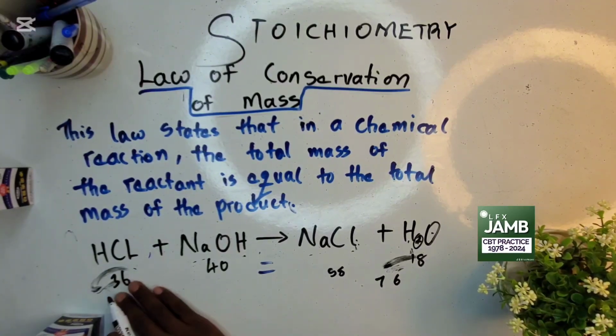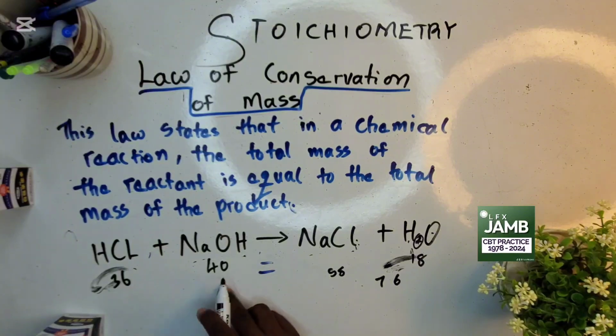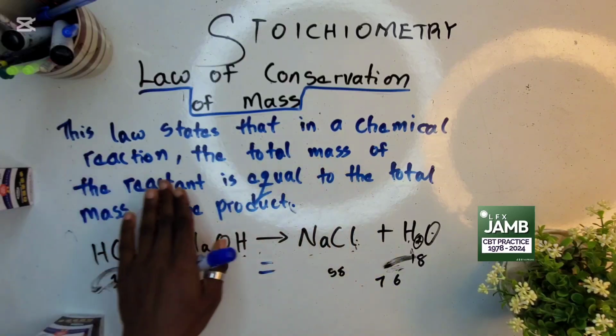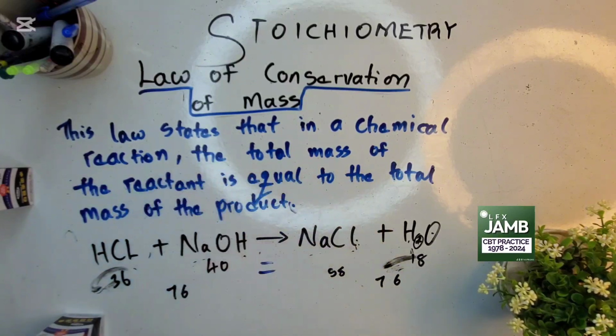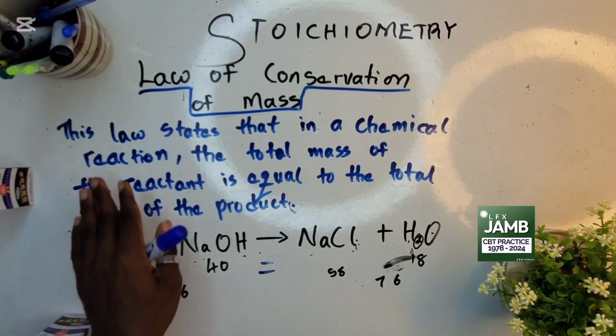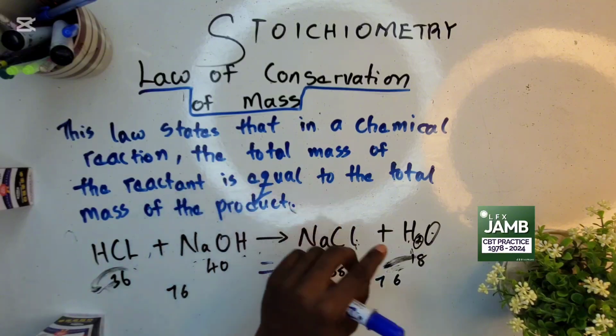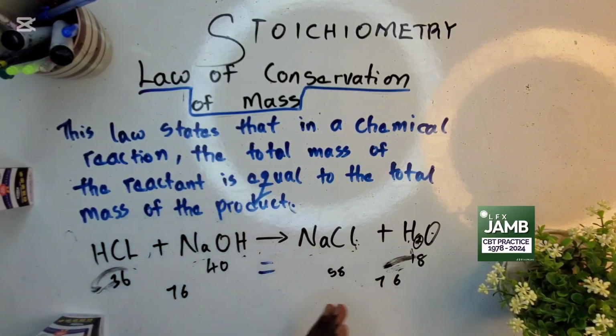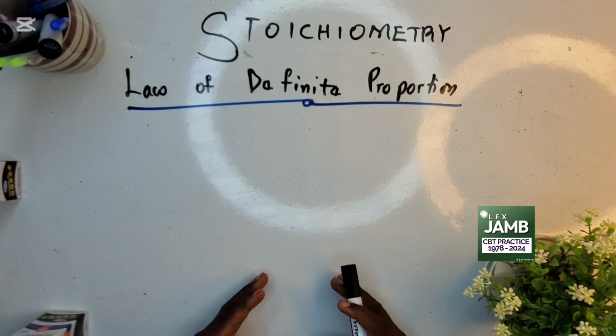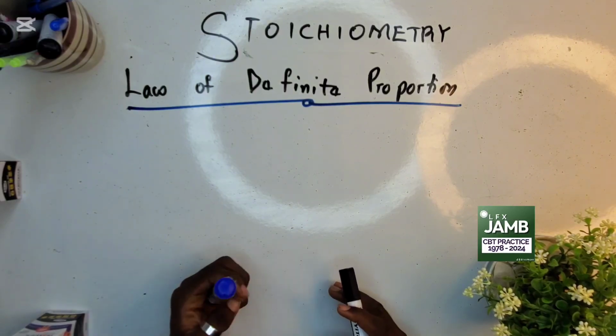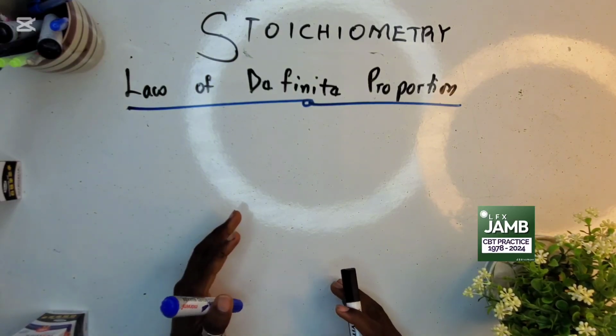Good. Then 36 plus 40 will give us also 76. So this law is proven to be correct: in a chemical reaction, the mass in the reactant should be equal to the mass in the product. Another law we'll be talking about for chemical combination to occur is the law of definite proportion.